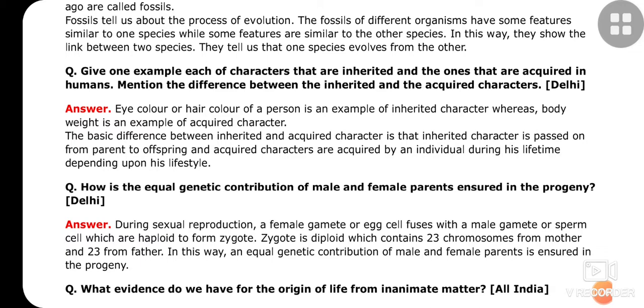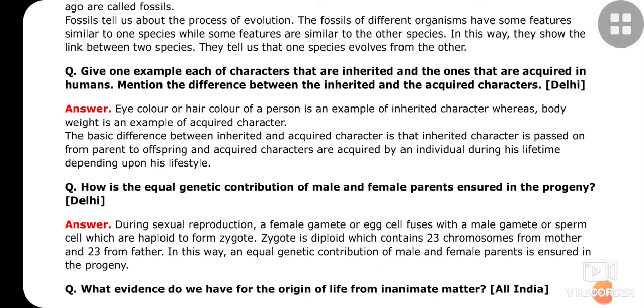During sexual reproduction, a female gamete or egg cell fuses with a male gamete or sperm cell, which are haploid, to form zygote. Zygote is diploid, which contains 23 chromosomes from mother and 23 from father. This you know.